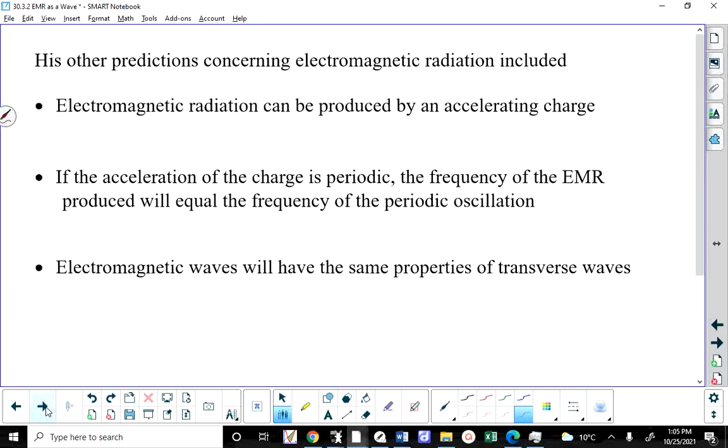Transverse is when the medium oscillates, say, up and down, and the energy moves away in a perpendicular direction. Longitudinal is, and we will review these when we need to later on in the unit, officially in a lesson, when the medium oscillates back and forth, pushing the energy in the same direction as the oscillation.